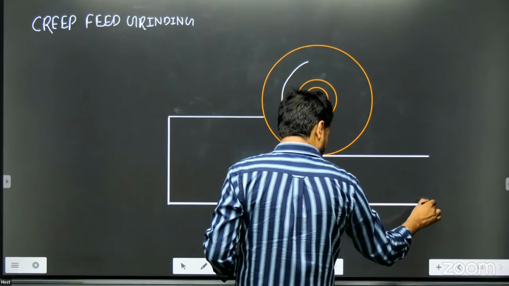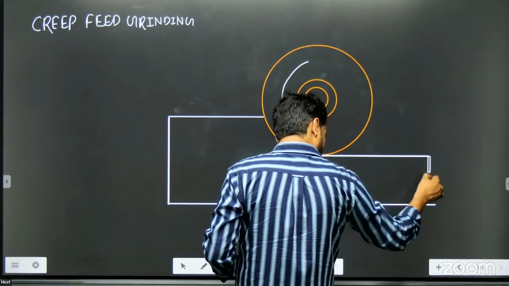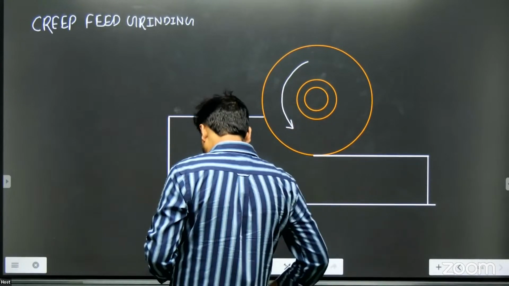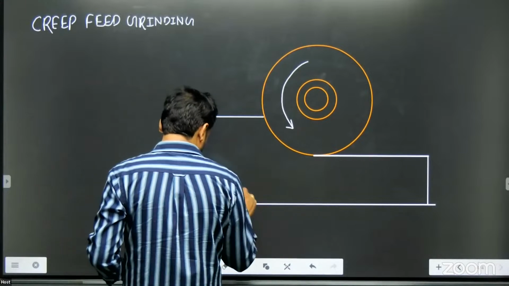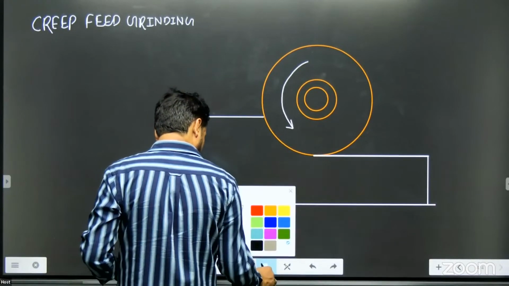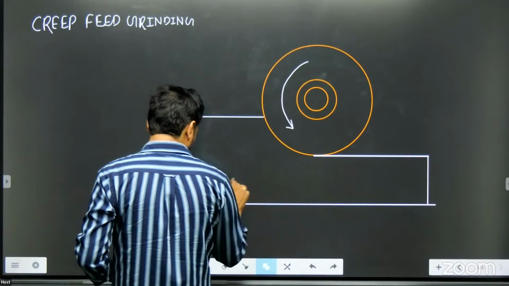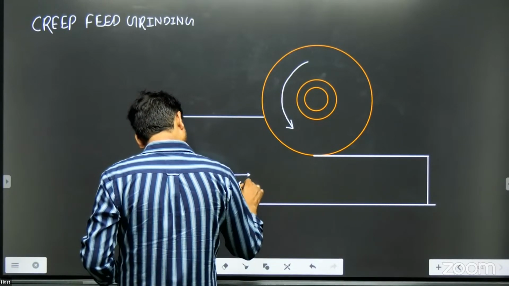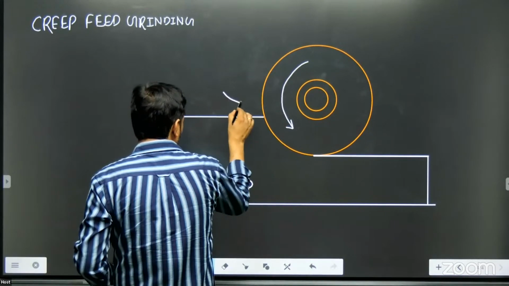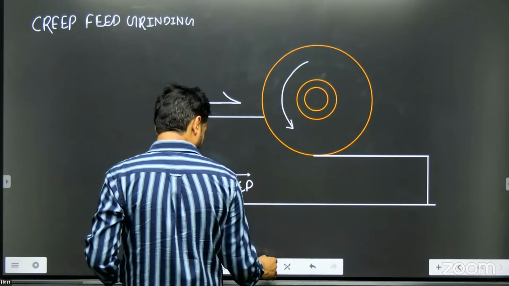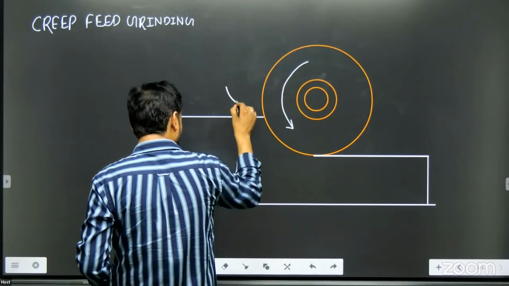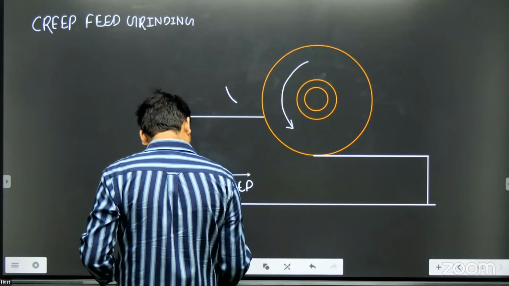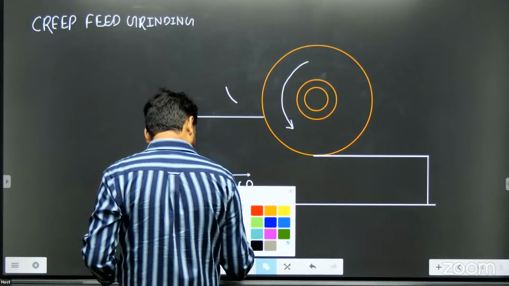What we do is, as the wheel rotates and workpiece is fed, there will be supply of cutting fluid in very large volume.